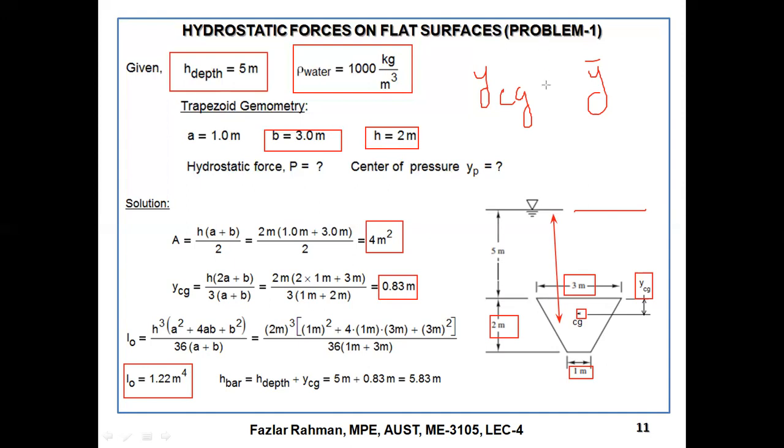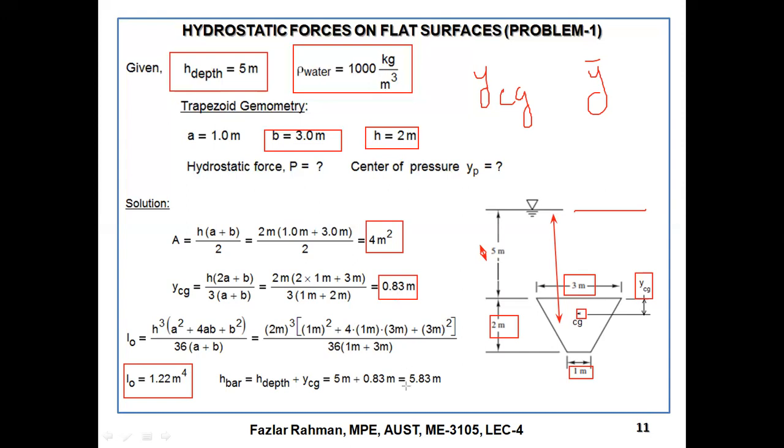So in our case, this Y bar, right over here, Y bar, H bar is the same because angle is 90 degrees. So I write down H bar equal to H depth plus YCG. So 5 meter, then you add YCG value 0.83.